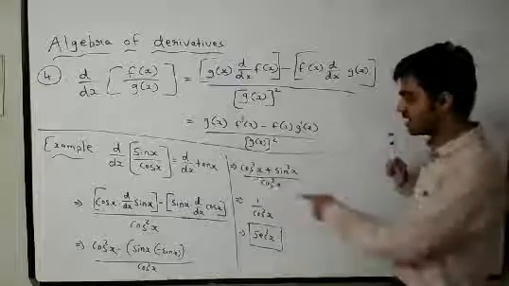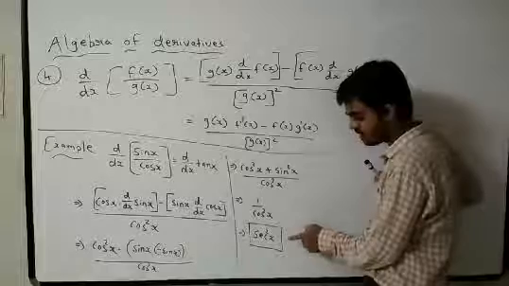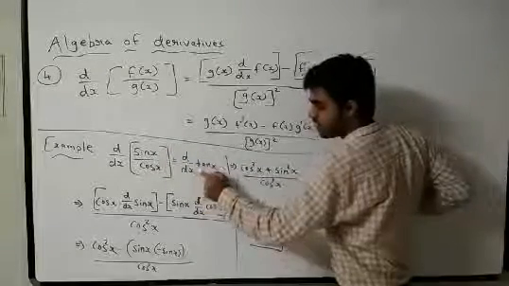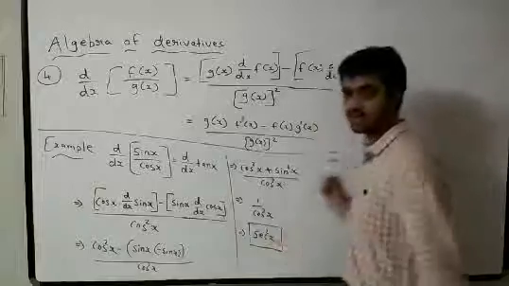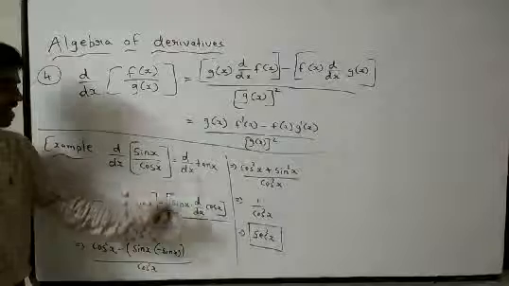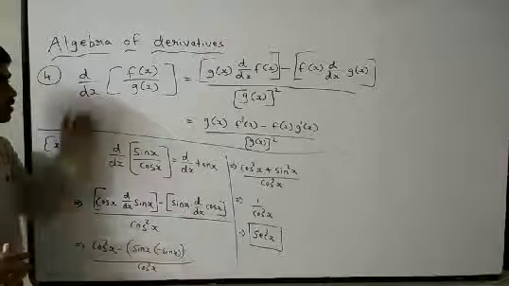Cos square plus sin square is 1, and 1 by cos square is sec square x. This is nothing but d by dx of sin by cos, the derivative of tan, which is sec square x. So from this we have proved that and also understood the quotient rule.